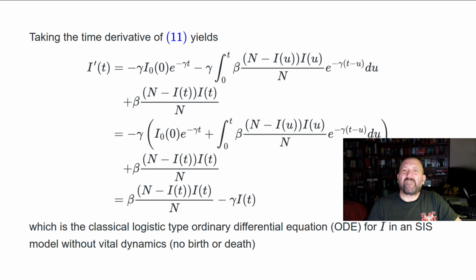So that means that there's again an assumption on the distribution of times that individuals spend in I, assuming that this is a stochastic context.